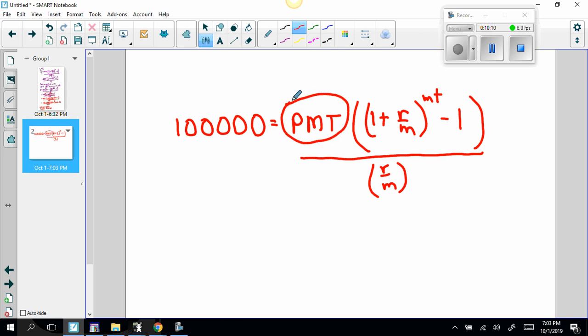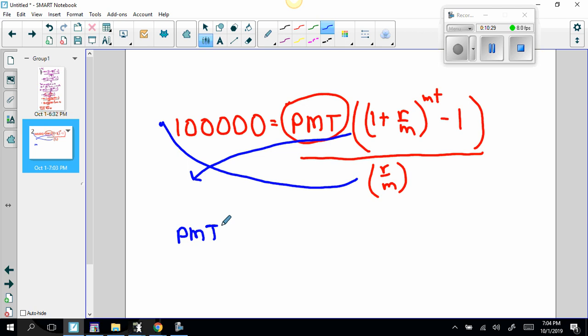So we'd be better off actually creating a payment formula instead of doing the math. So I'm going to give you a second formula. All I'm going to do is put this up there and that down there. So if they want to know the payments you need to make, this number here is your final amount.